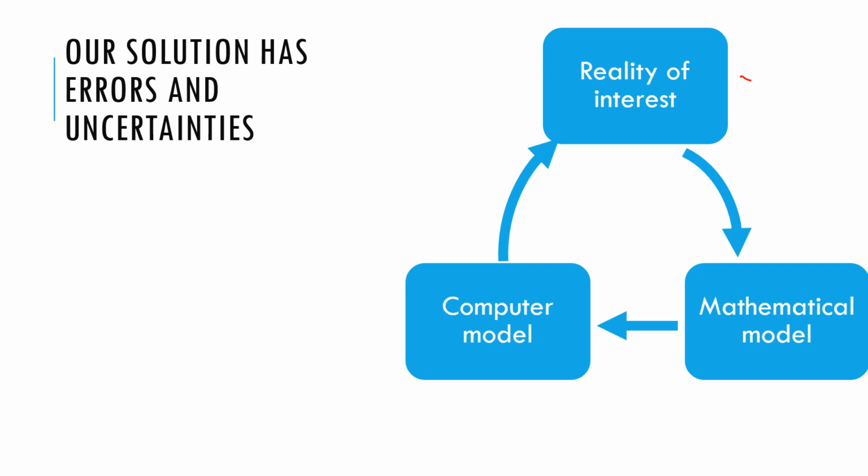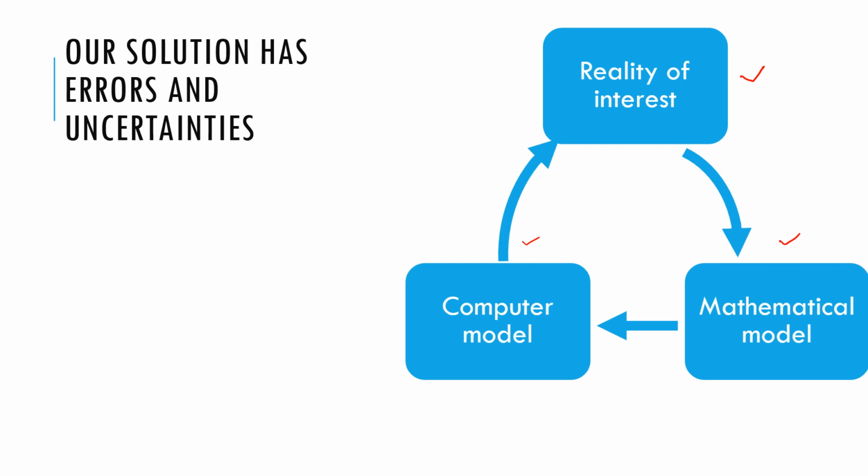General principle in modeling number 8, which is also the last one we have in this video. In modeling, we start from a reality of our interest, which would be the food process we want to model, and we replace that with governing equations and boundary conditions, which is our mathematical model, and then we solve those governing equations and boundary conditions using software, so that becomes our computer model.